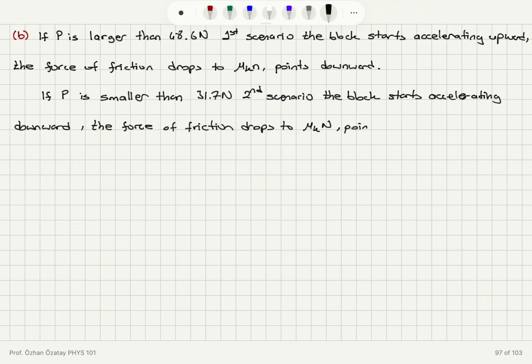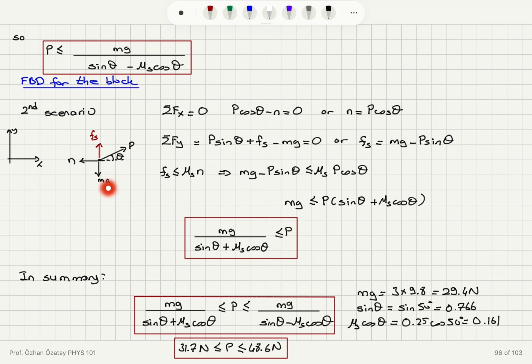However, it points upward because the motion is in the downward direction. So this would be corresponding to this scenario.